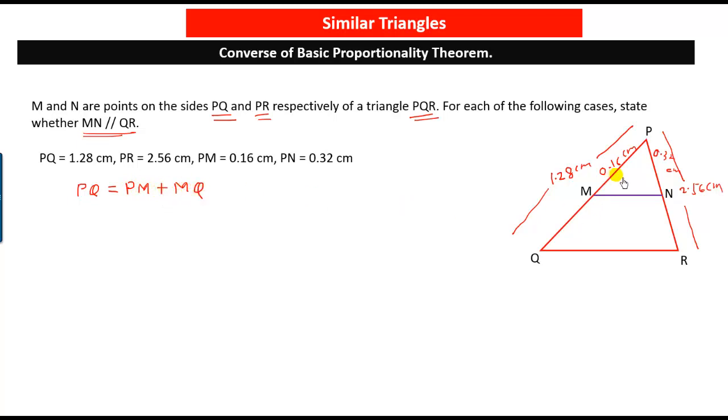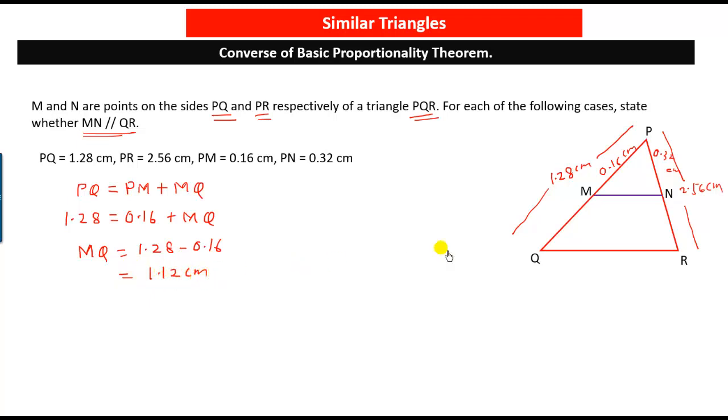This total length PQ, which is 1.28 centimeter, is equal to PM, 0.16 centimeter, plus MQ that we do not know. So MQ is equal to 1.28 minus 0.16, which is equal to 1.12 centimeter.